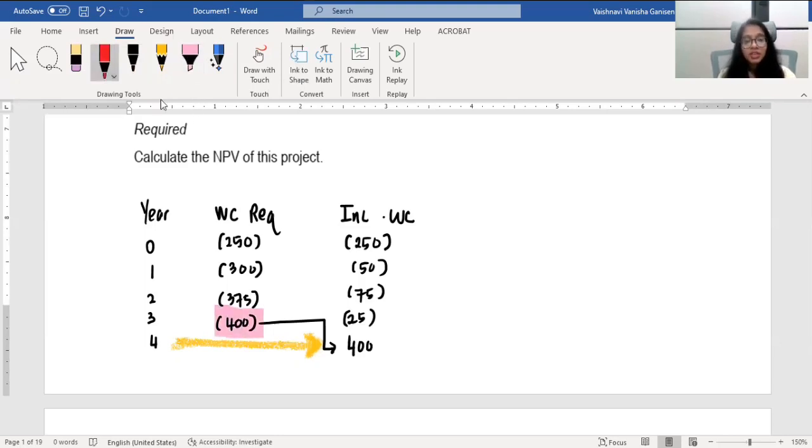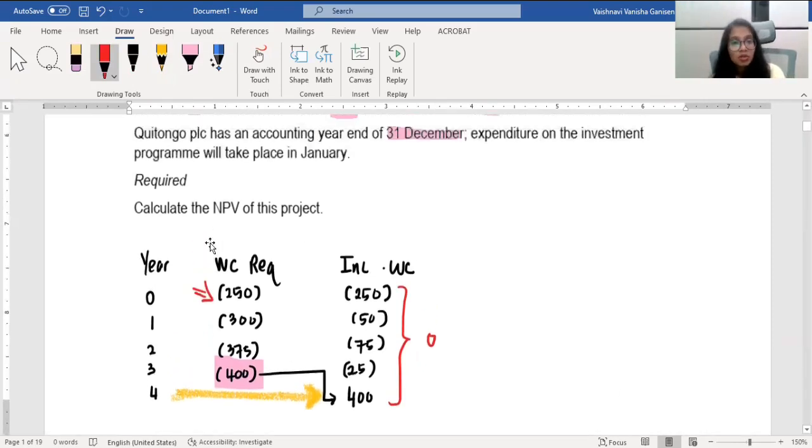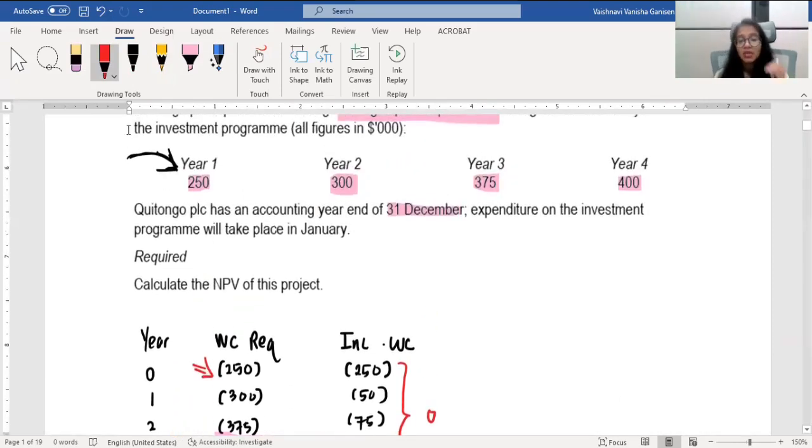To double check your answer, you must add all these values and it must equal 0. If it's not equal to 0, that means there is something wrong in your calculation. So guys, I repeat, the reason I put it in year 0 is because this amount will be required in year 1.